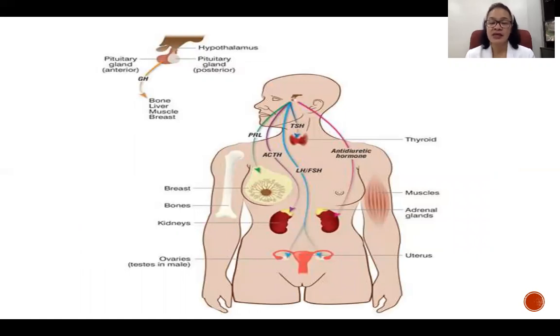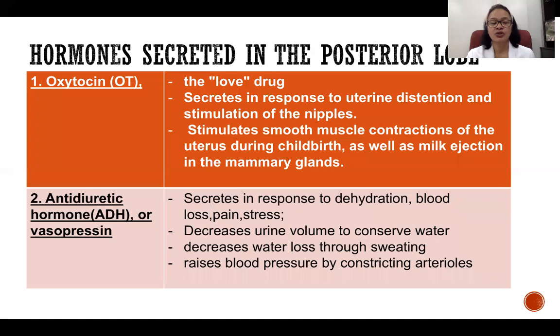So it receives signals from the hypothalamus and responds by sending pituitary hormones that provide negative feedback at the level of the hypothalamus and the pituitary. So this slide would show the different hormones secreted in the posterior lobe.